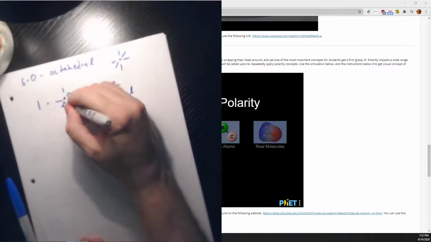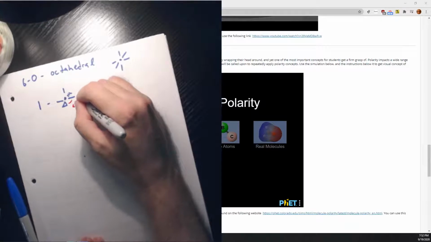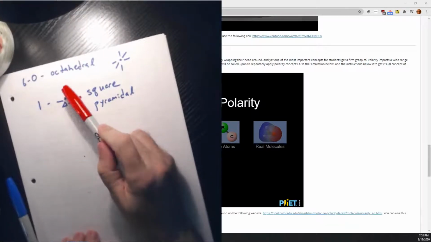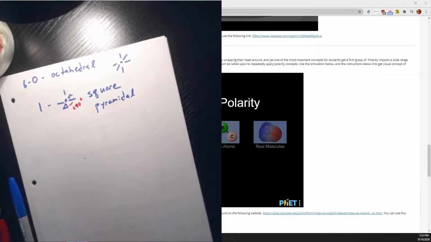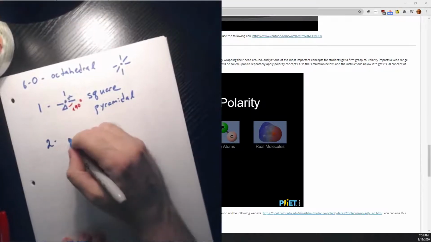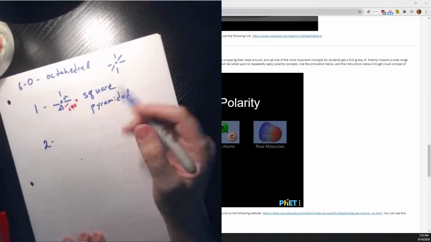Once again, the non-bonding pair or lone pair is squishing things. So technically the bond angles are going to be less than 90 degrees, but you have 5 of these guys pushing back, so it's a very small amount of deviation. Next up, we have 2 lone pairs. Now these 5 positions are not all equivalent.